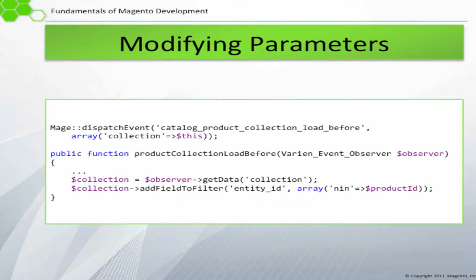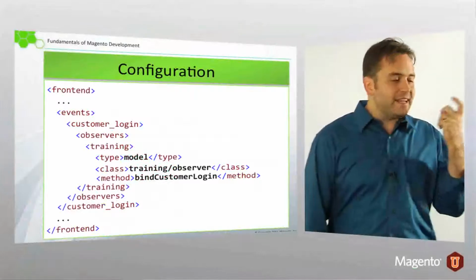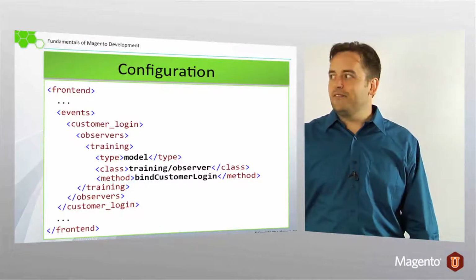If I wanted to observe this event, catalog product collection load before, I would specify it in my configuration file right here. And then inside that node, we have an observers node.